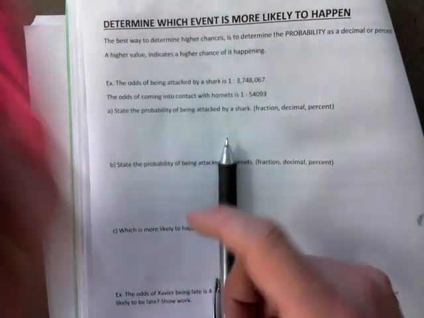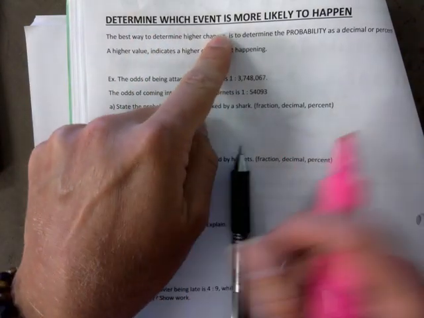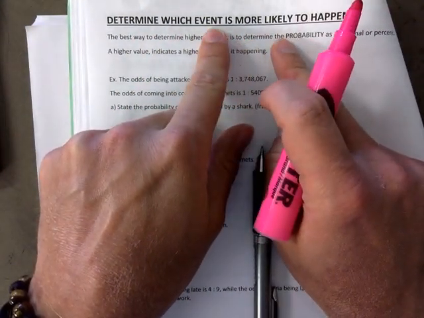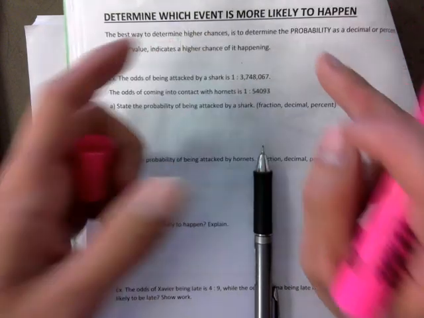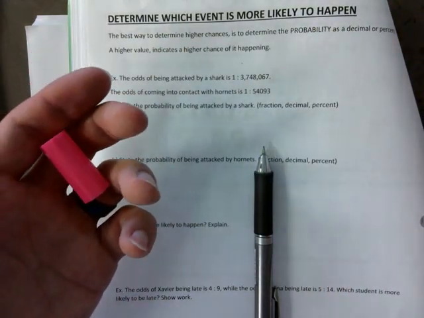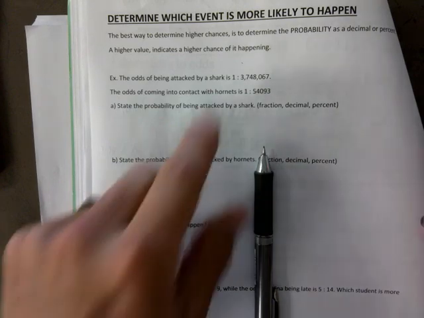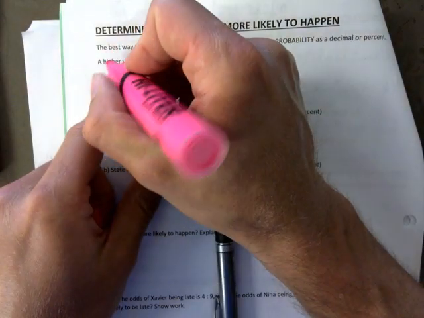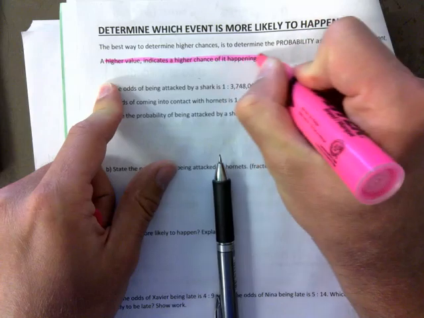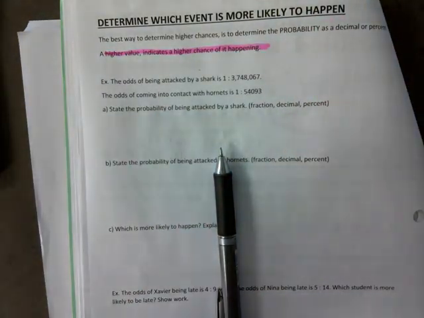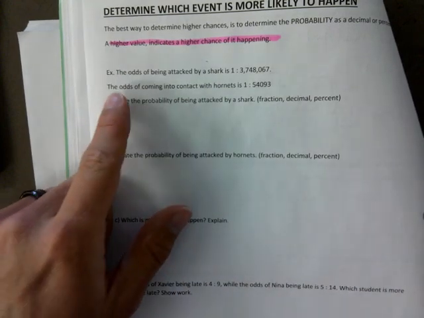For this one, actually, there's nothing new here. If we have a question to determine which event is more likely to happen, we just want the event that has the higher probability. A higher value indicates a higher chance of it happening. A 95% chance is better than a 10% chance.